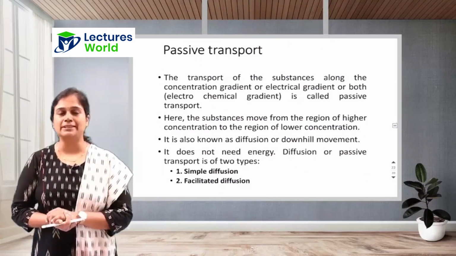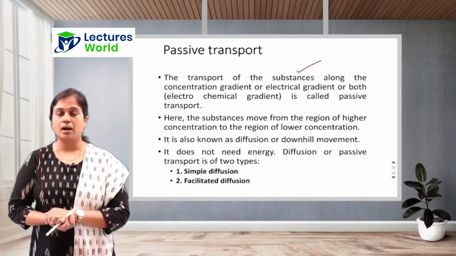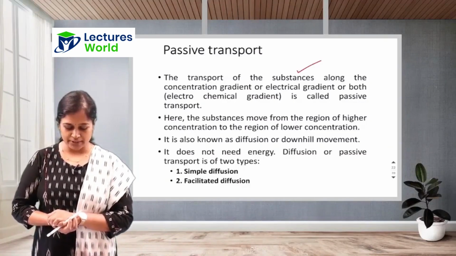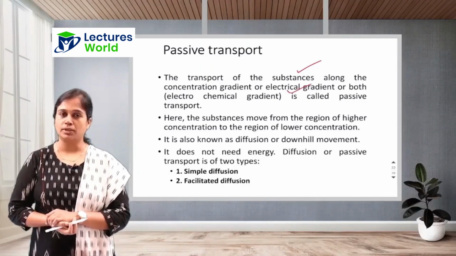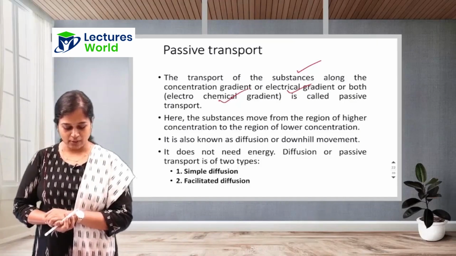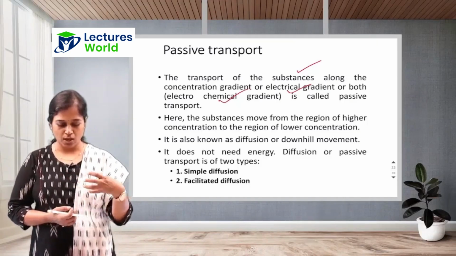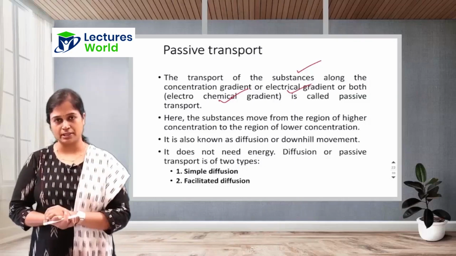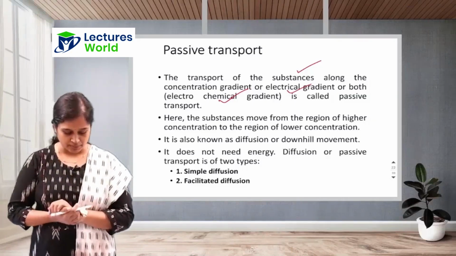So the first is passive transport. The transport of substances along the concentration gradient, the electrical gradient, or both, the electrochemical gradient, is called passive transport. Here the substance moves along the concentration gradient, meaning from higher concentration to lower concentration.